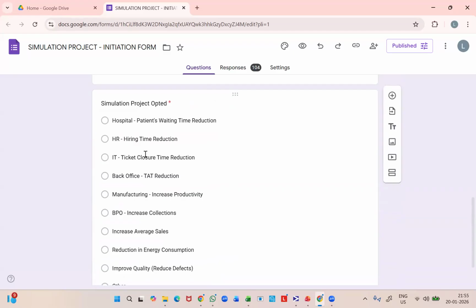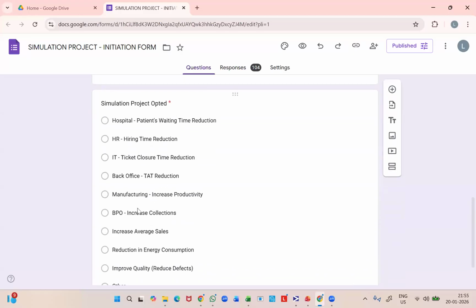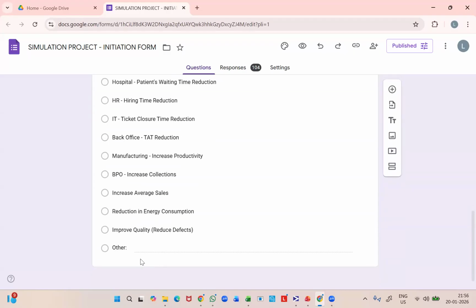We have given a list of projects which you can choose from. But if the one that you are planning to execute is not in this list, we can choose other and then provide the project name.